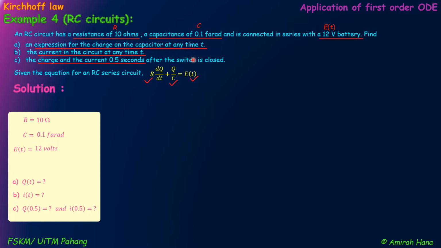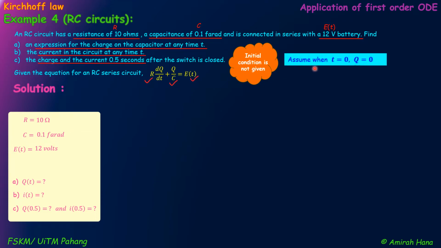From the given question, there is no initial condition. If the initial condition is not given, we assume that when time t equals 0, the charge Q equals 0. So we write here when t equals 0, the charge Q equals 0 coulomb.